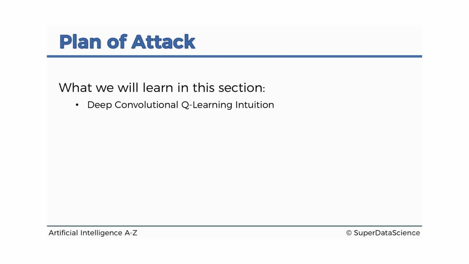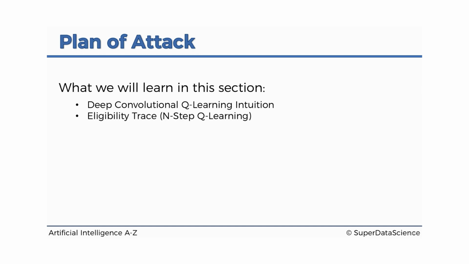Today in this section, we're going to talk about deep convolutional Q-learning, the intuition behind things, and why it's so powerful, why exactly it's so important to move away from deep Q-learning, and why deep Q-learning is just a basic building block, just a step for us on the path to deep convolutional Q-learning, and what kind of avenues the knowledge opens up to, and where it can be applied. We'll have some examples of that.